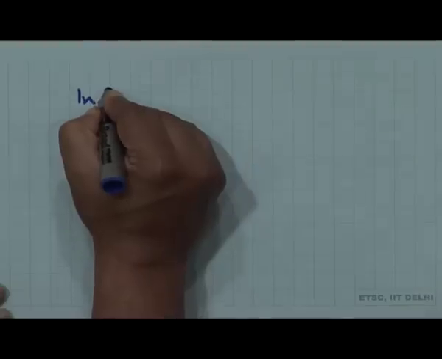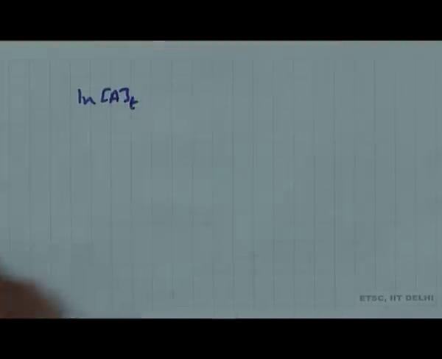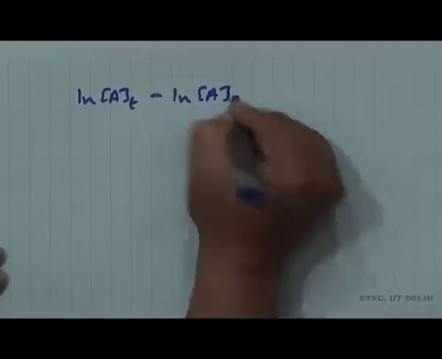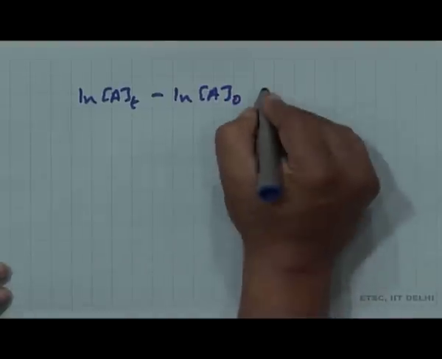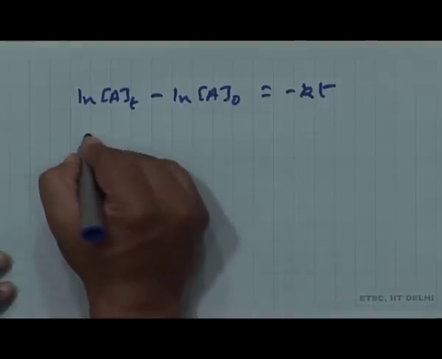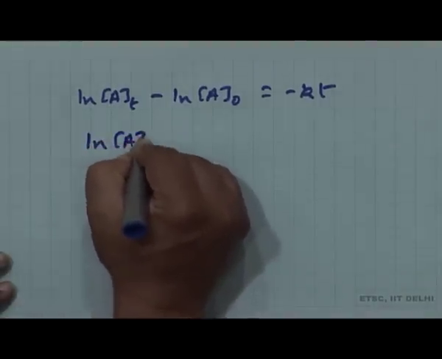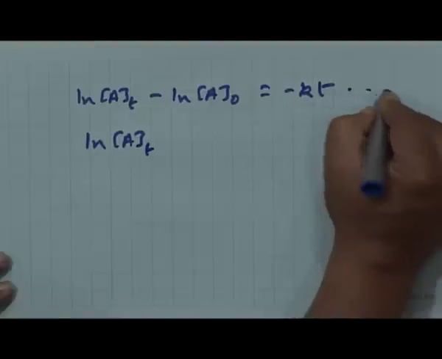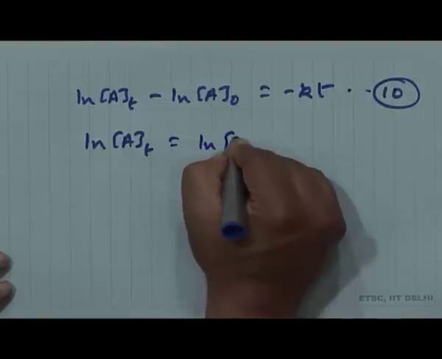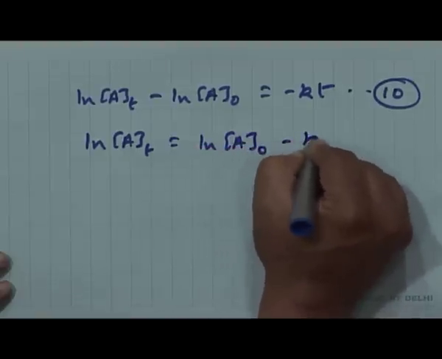based on this, I write natural log A t, where natural log is log base e, minus natural log A naught is equal to minus K t, right. So, this can be again written as natural log of A t is equal to natural log of A naught minus K t.